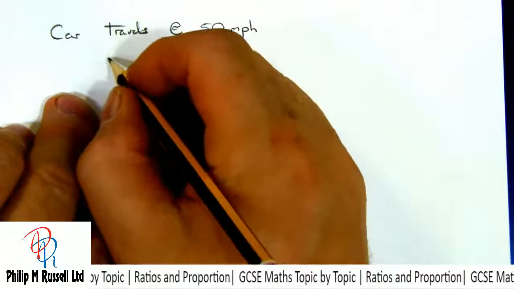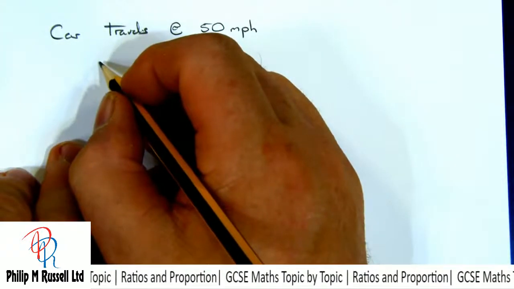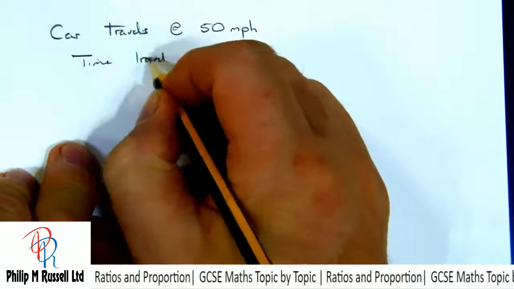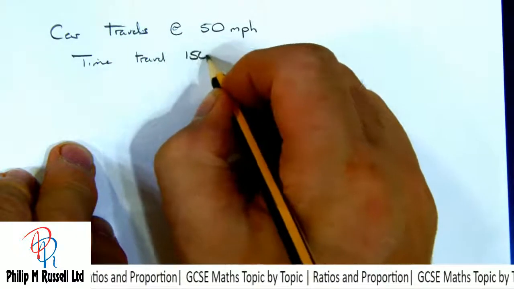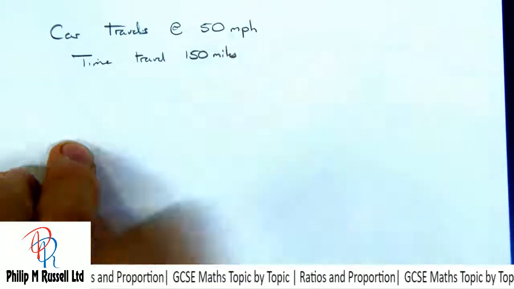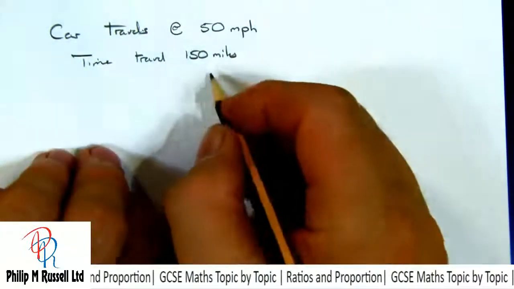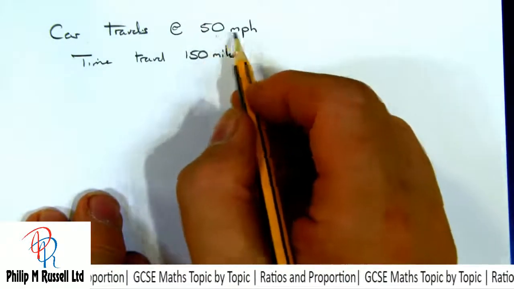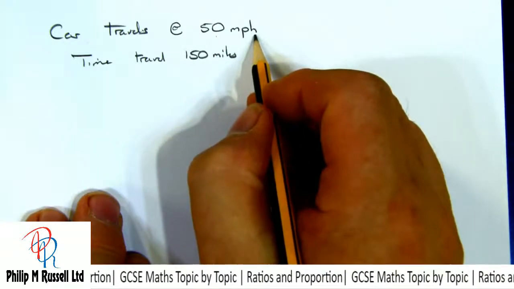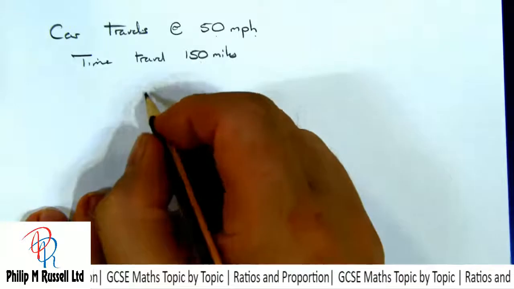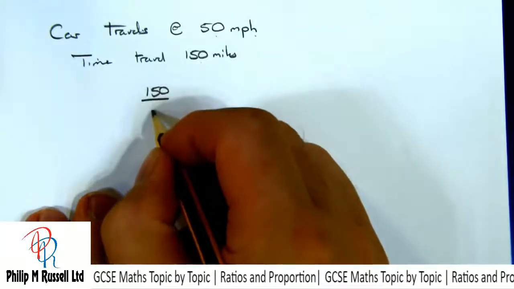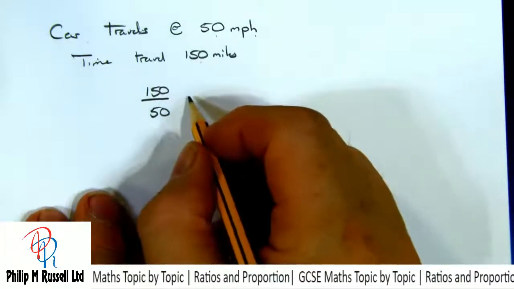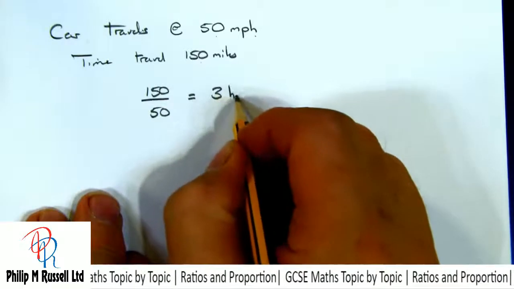Okay, so perhaps we want to work out here the time to travel 150 miles. I haven't tried to make this one very difficult. So if we travel 50 miles in 1 hour, the time to travel 150 is going to be 150 divided by my 50, and that's going to give me 3 hours.